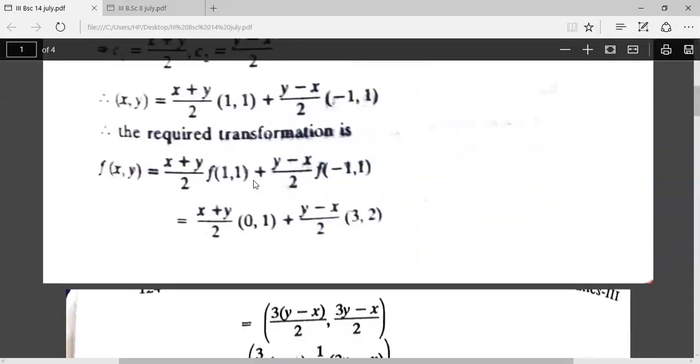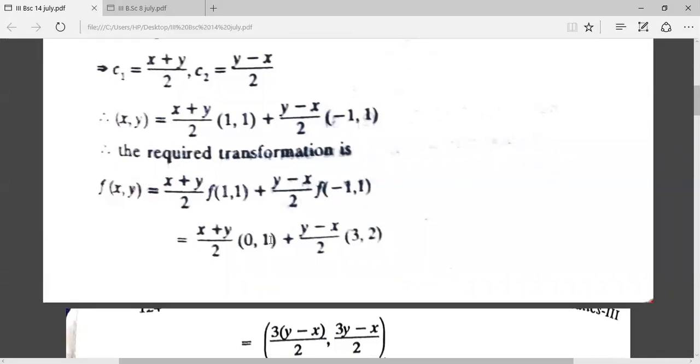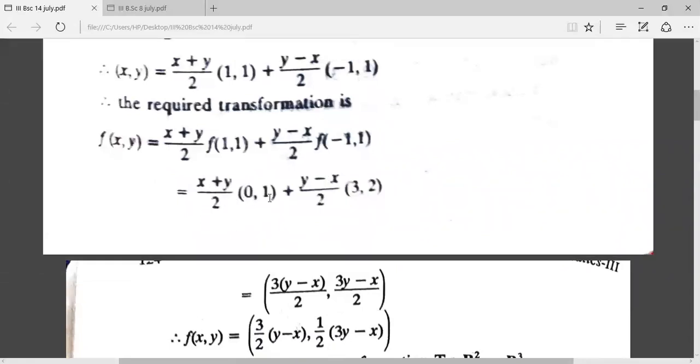Substitute those values. f(1, 1) is given in the problem itself, it is (0, 1), and f(-1, 1) is also given to be (3, 2). Now add the corresponding components. (x plus y) by 2 into 0, that is 0, plus (y minus x) by 2 into 3. So I will get 3 into (y minus x) divided by 2.